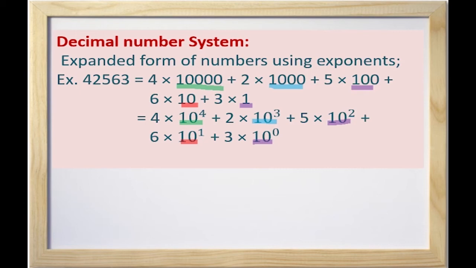Then 100 can be written as 10 raised to the power of 2, since 100 is a product of 10 multiplied by itself 2 times.